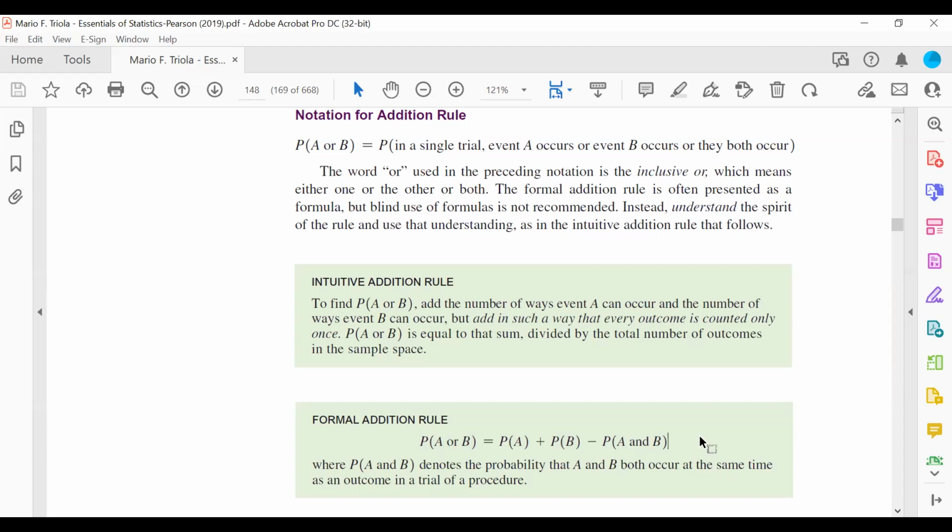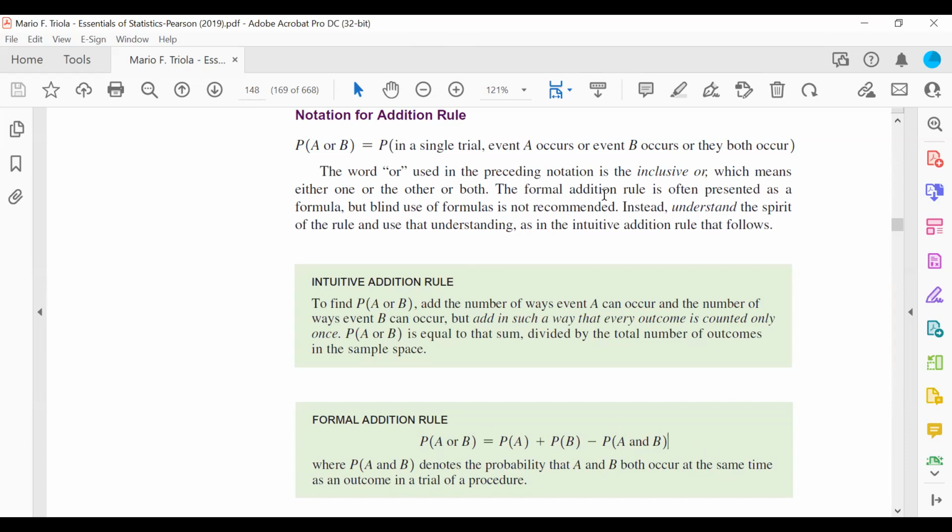So let me show a picture of it. To visualize it, we use what we call Venn diagrams. If you've never heard of the term Venn diagram, I'm going to show you what a Venn diagram looks like.